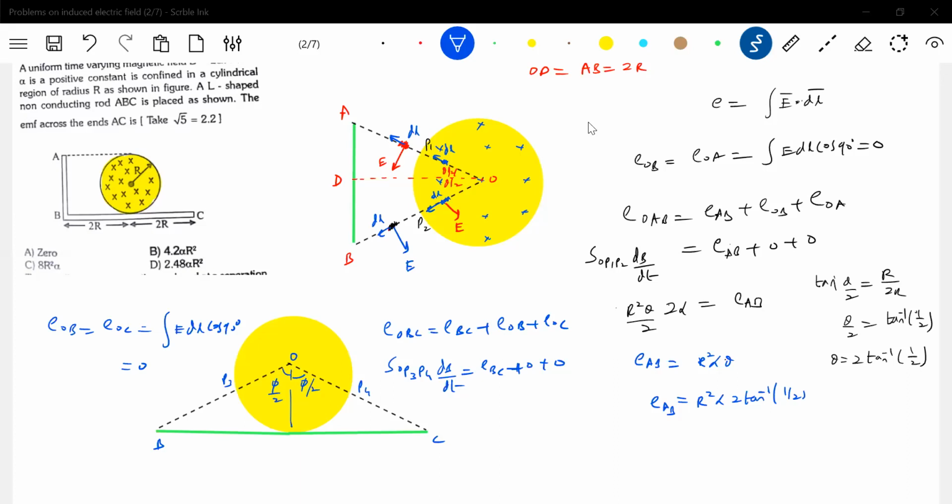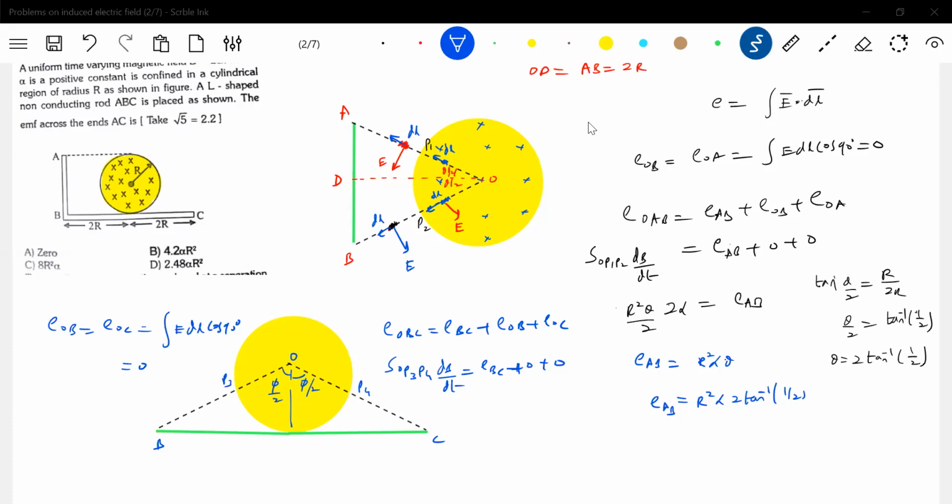Yashovardhan, check it once. AC will become diameter. Sir, not diameter, sir. It is passing through center. Sure. Because the length is here 4R and 2R.